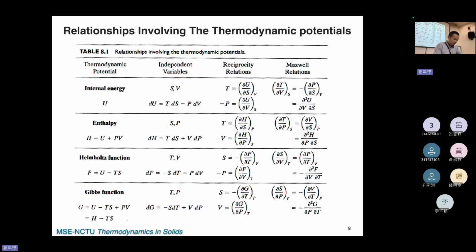And then you can have its reciprocity relationship, which we also talked about before using the mathematical tool, right? And also the Maxwell relationship. All these we have learned in the previous few PDFs. So just get familiar with that.